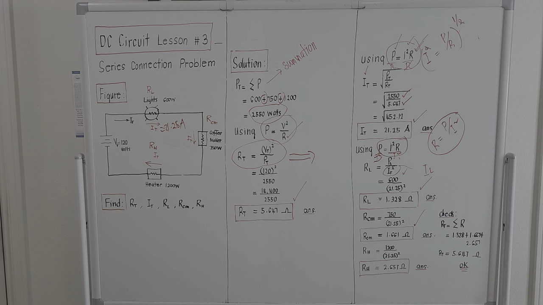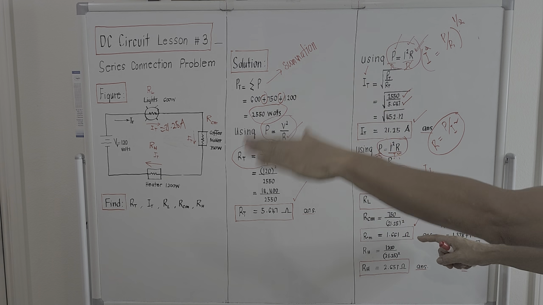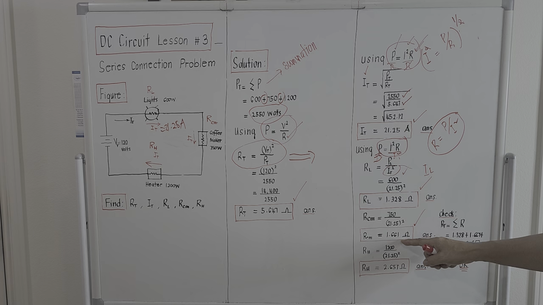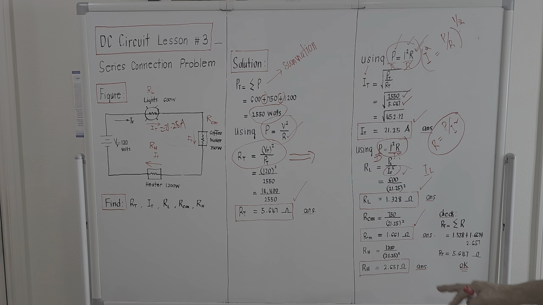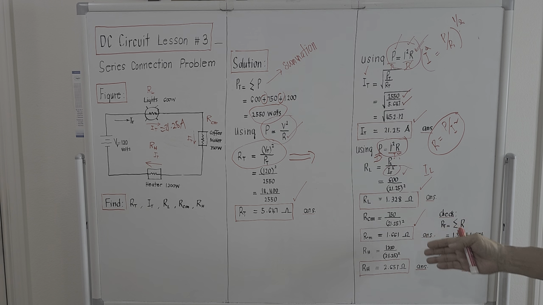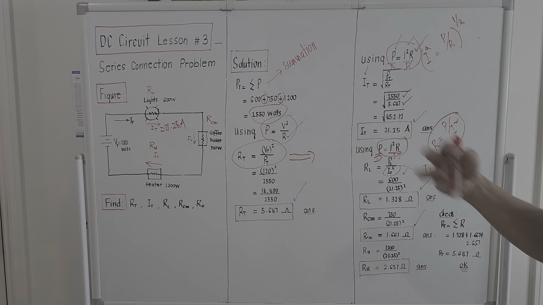Let's consider the heater, again using the same formula. The resistance of the heater will be capital R with the subscript H, where H refers to the heater, equal to the total wattage of the heater, 1200, over the square of the current. This is 400, so 1200 over 400 is almost 3 ohms.